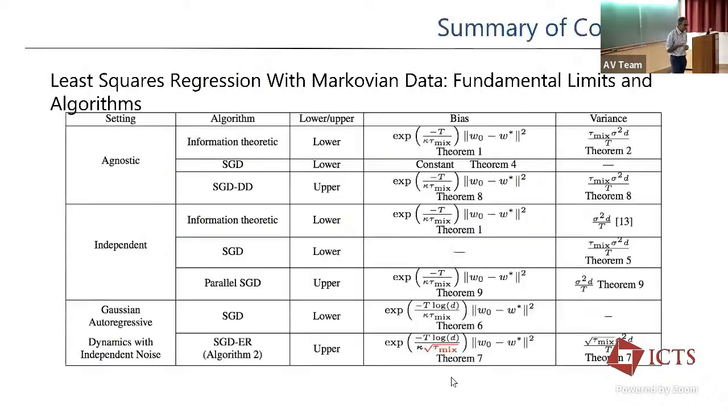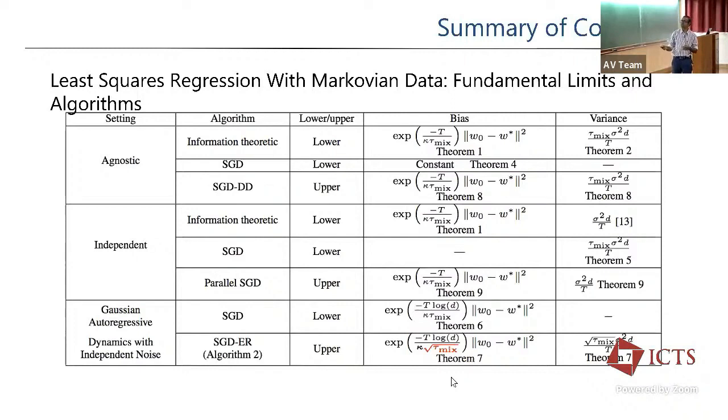And this is a summary of how things look. In the agnostic case, we have these lower bounds where both the bias and variance depend on tau mix. And that is what you can achieve with your very trivial data drop method also. When your noise is independent, the variance doesn't have the tau mix term, but the bias has. SGD's variance will have the tau mix term, so we cannot avoid that term for SGD.